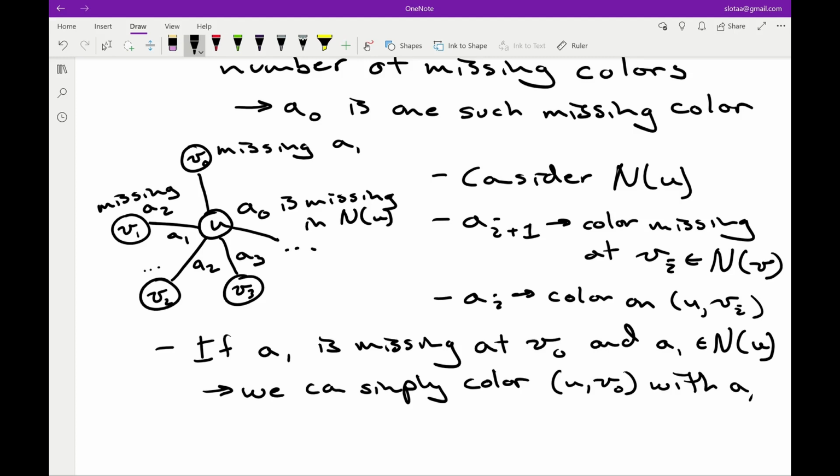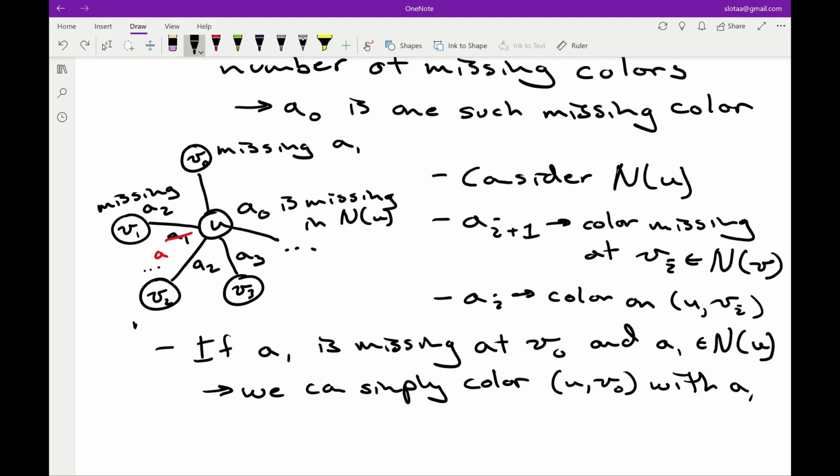The structure of how we have this set up depends on this basic idea. If this vertex, say V1, is missing A2 and there wasn't another A2 within the neighborhood of U, we could trivially replace A1 with A2 and then label the edge U V0 with A1. Likewise, the argument continues.